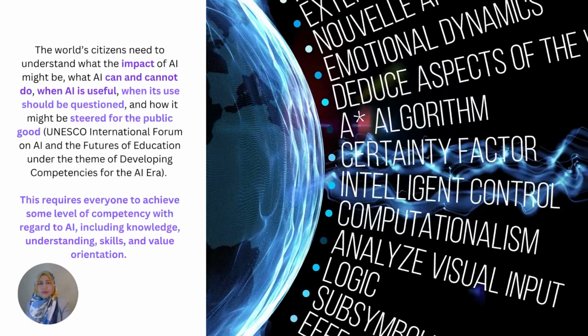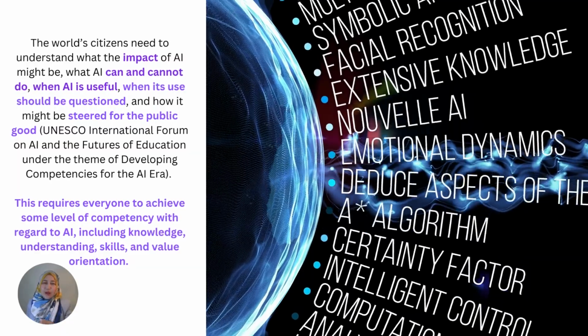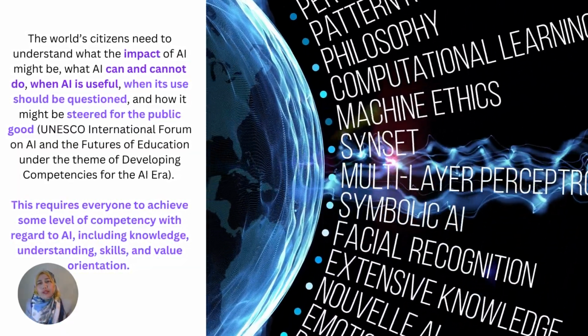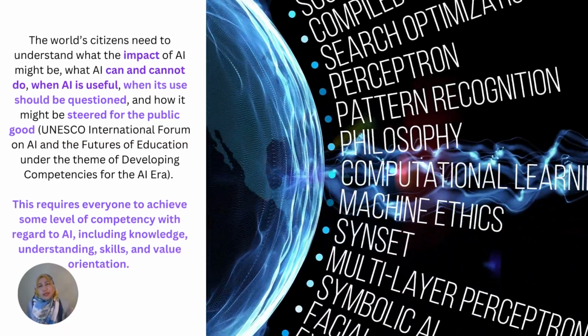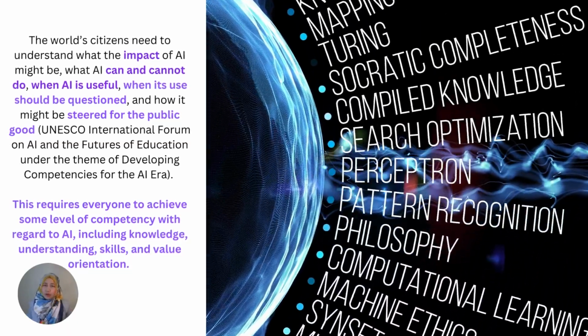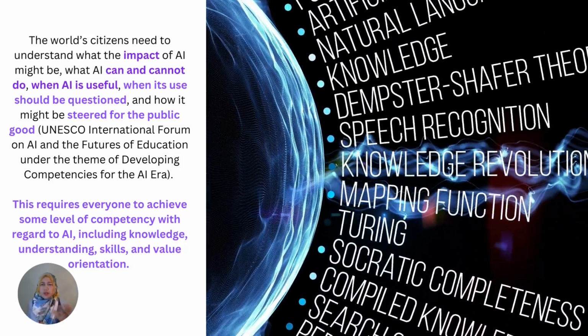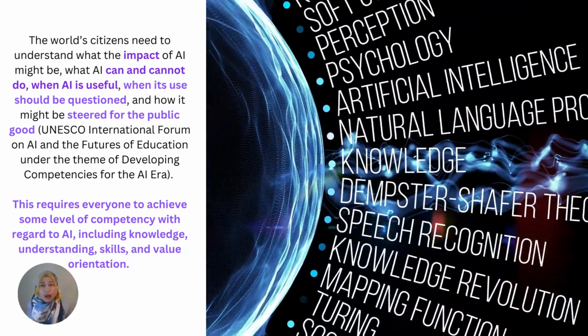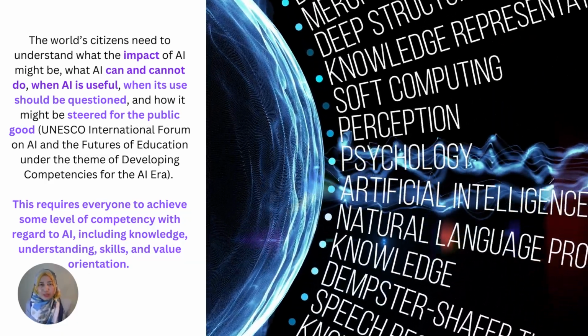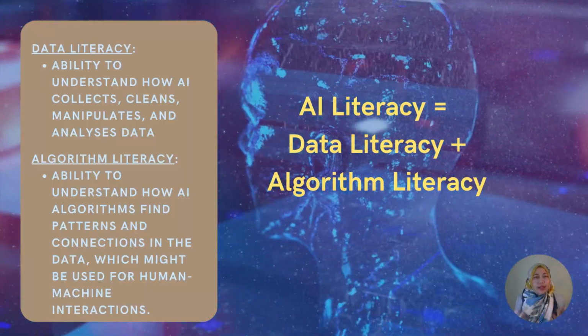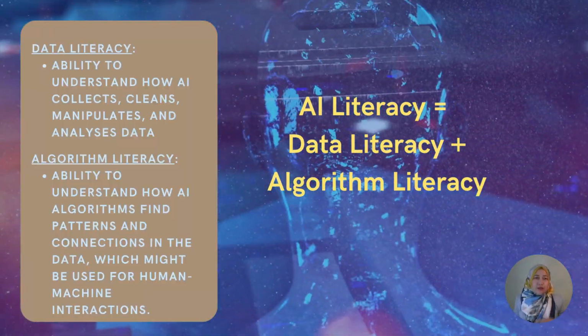The term AI is not new, but because of its current emergence, now everyone needs to understand its possible impact, what it can and cannot do, determine when it is useful versus when its use should be questioned, and how to steer it for responsible and safe public good. AI literacy consists of two parts.